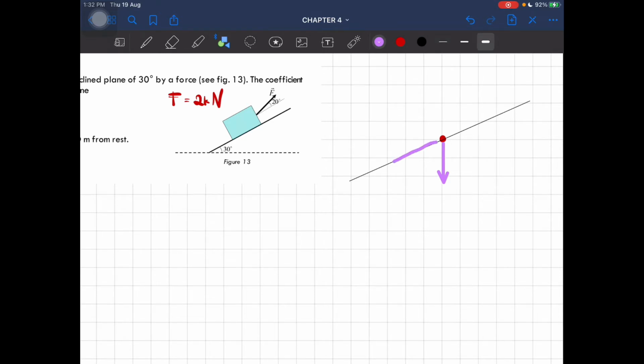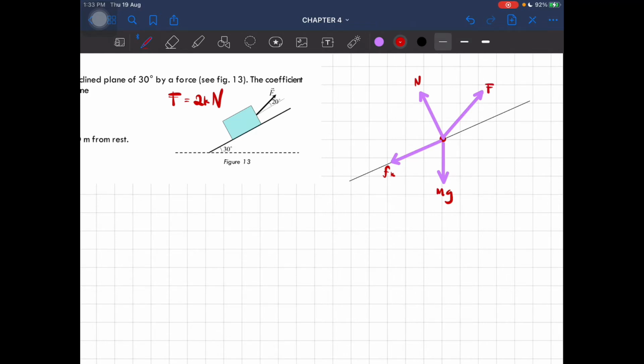We have the kinetic friction, the force, and the normal force. The only force that we are not going to draw is the tension, because there's no tension in this situation. So we have mg, fk, n, and f.